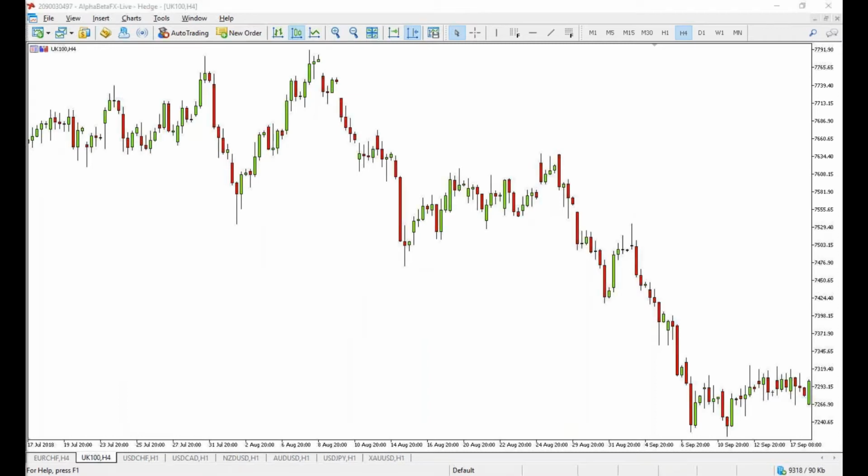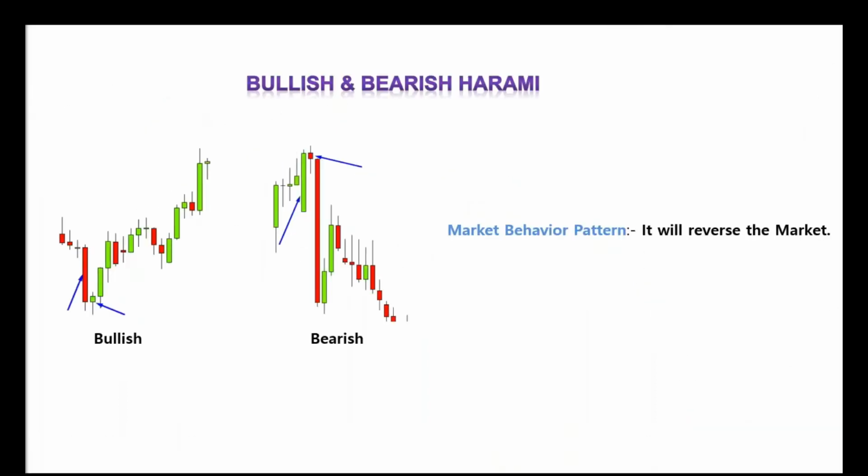So let's go ahead and find our next candlestick. This is another candlestick which is highly popular and really works in the market: the bullish and bearish harami. This candlestick was named by Japanese people. In Japanese it means a pregnant lady. When the pregnant lady has a baby, this is exactly that scenario.